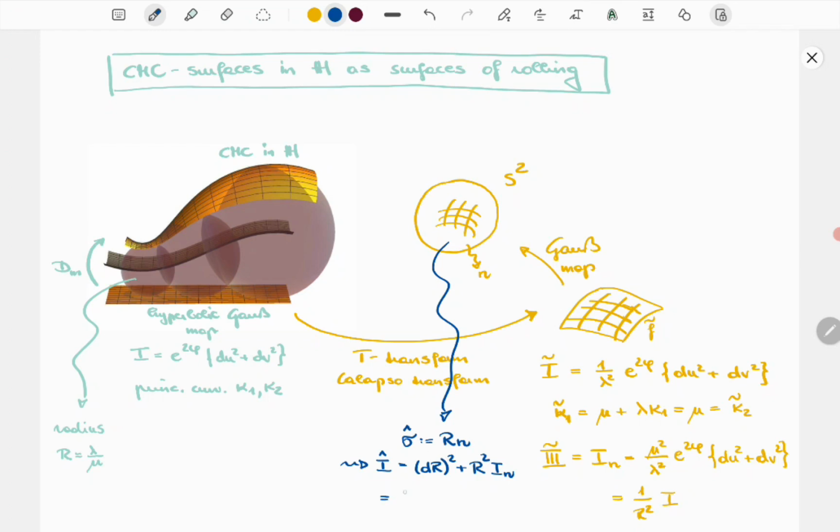Of course, this is then nothing else than dr squared plus, since the metric of the Gauss map I_n is 1 over r squared I, the metric I of the hyperbolic Gauss map.